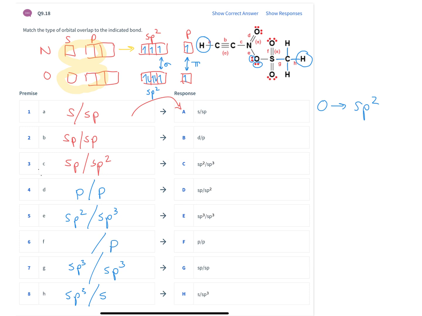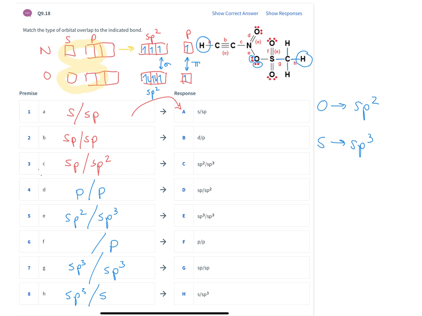If we take a look at the sulfur, it is sp3 hybridized, and that means it mixed together the s orbital and all 3 p orbitals. So it does not have a p orbital available to form the pi bond, and yet here is sulfur in 2 double bonds. So there are 2 pi bonds on sulfur. How does it do that?